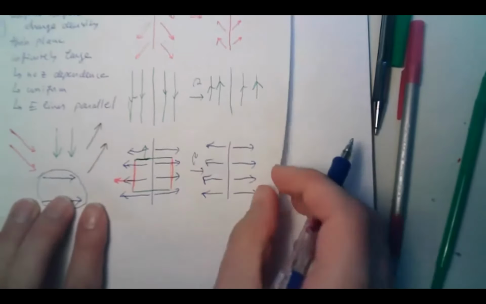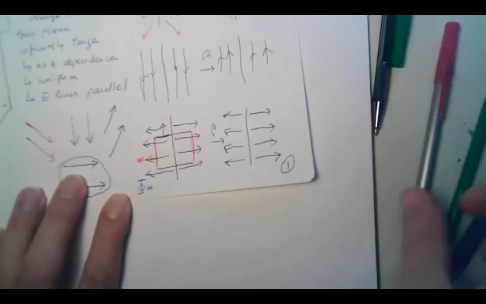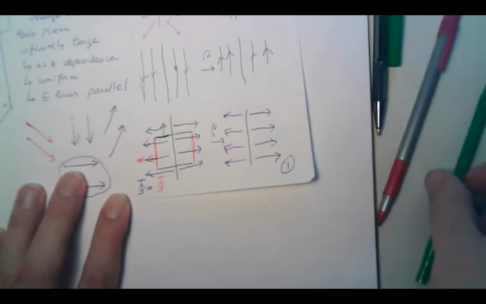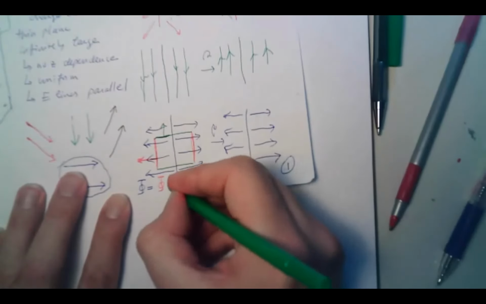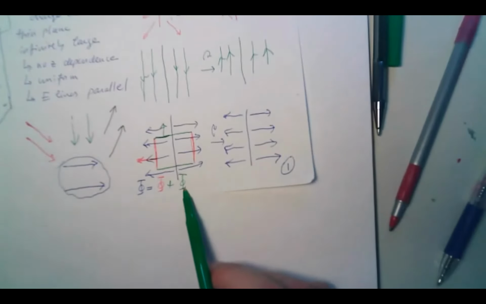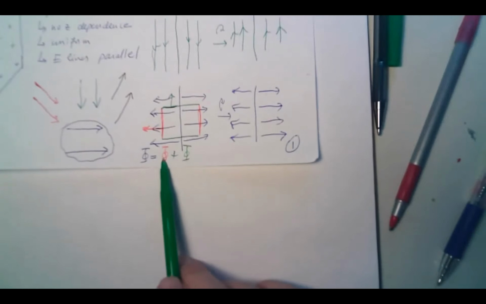So the final flux that we'll get, the total flux, is going to be the fluxes through the red surfaces and the fluxes through the green surfaces. All the fluxes through the green surfaces will evaluate to 0, so we only need the fluxes on the red surfaces.